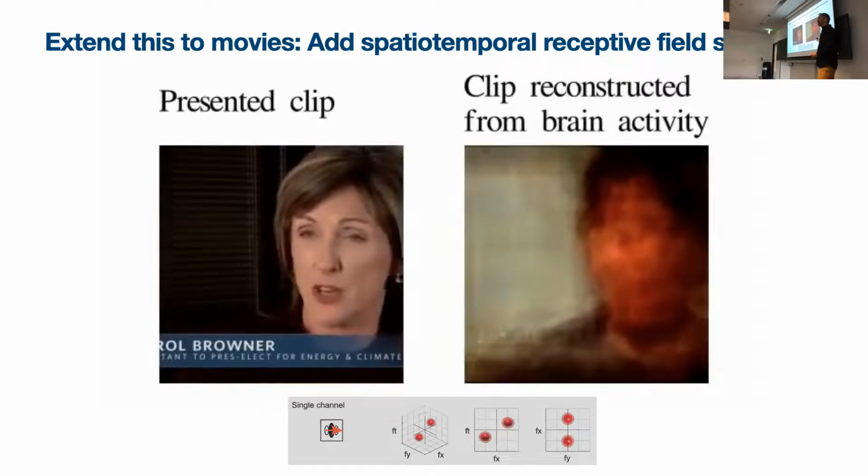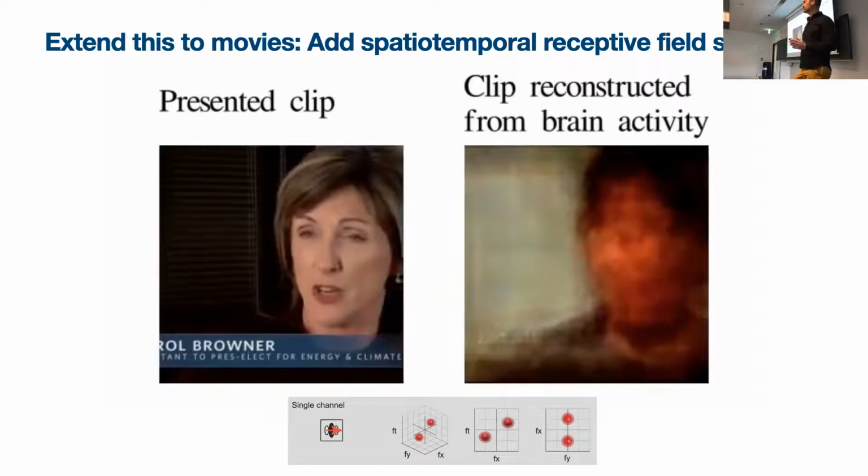Nowadays people are doing this with neural networks. So much more intricate, much more powerful techniques perform this decoding operation, and that gives you very lifelike reconstructions.